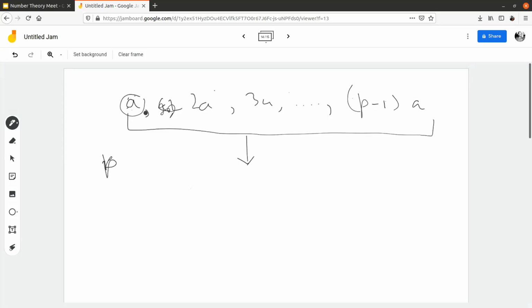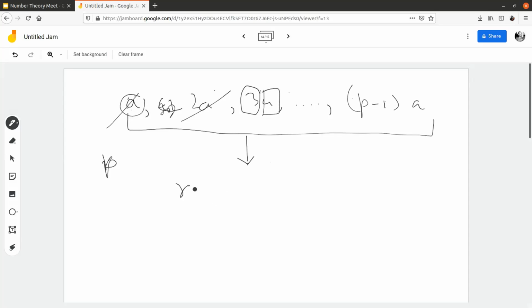Since p does not divide any of these, you can check it, right? p cannot divide any of these. So none of these are divisible by p, and they will give you unique remainders with respect to modulo p.